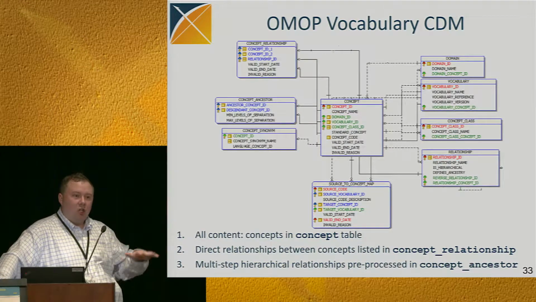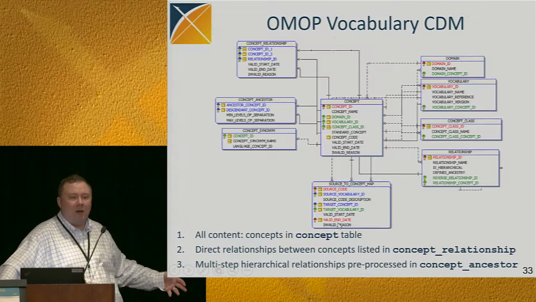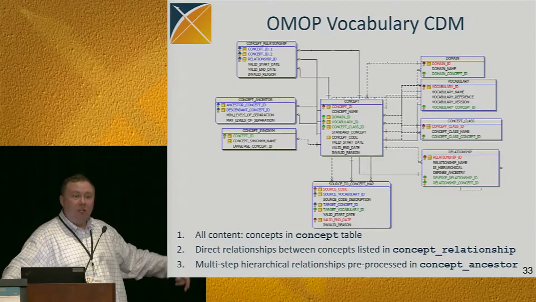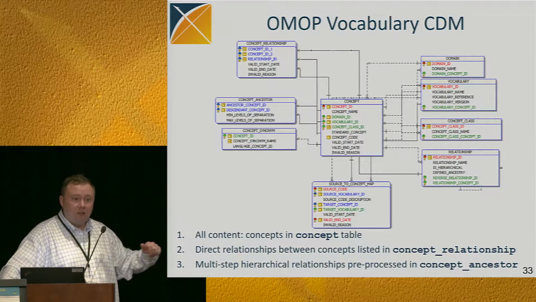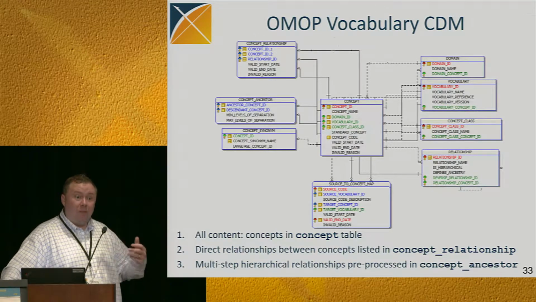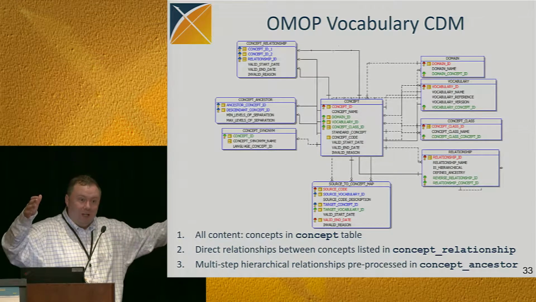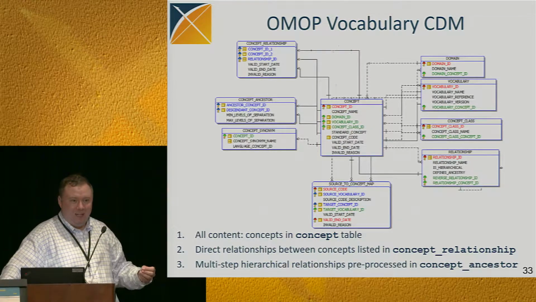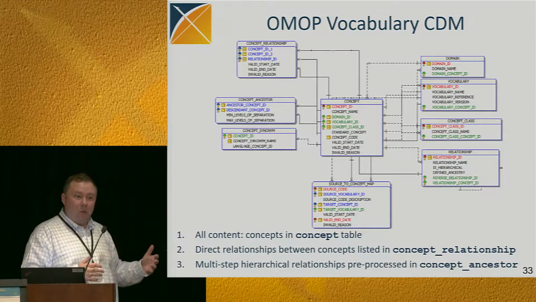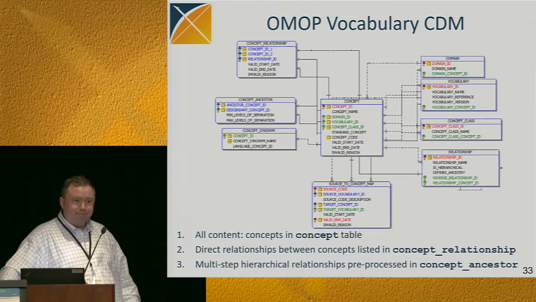The short answer is there's a table here called source to concept map, which is a place for you, if you happen to have local vocabularies that are not part of the standard, you can put them in there and the analytics will be able to take advantage of that. But what we are actually trying to do is when somebody has a local vocabulary, we want them to share it with the community so that we are growing a global standard that covers everybody. So we don't want people to have to create their own concepts. We want this to be a community effort where we can crowdsource these vocabulary activities.